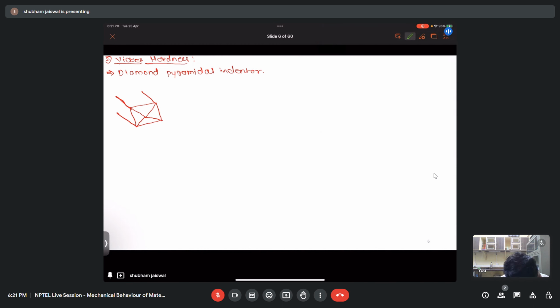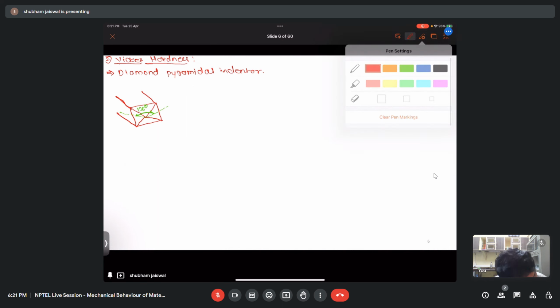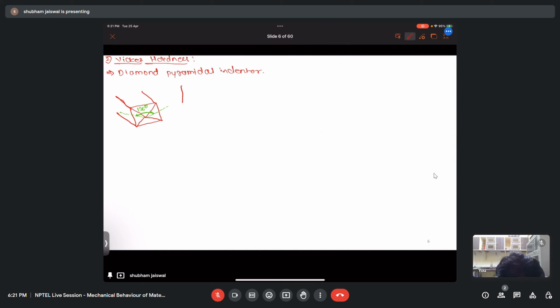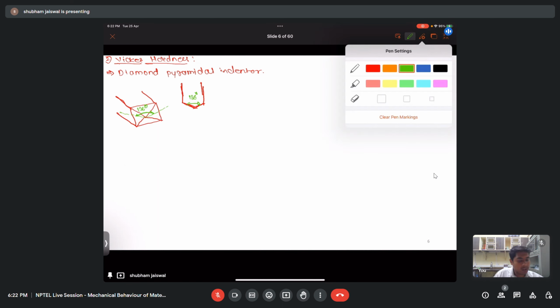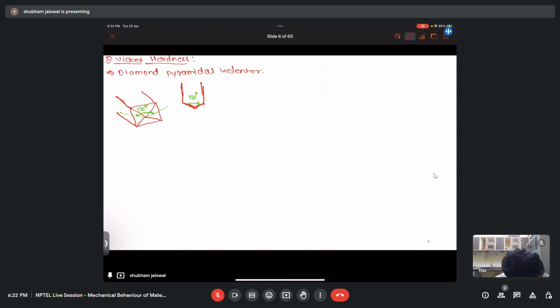Then the angle between this indenter is 136 degree. Okay, let me draw it in 2D as well. So this will be the indenter, and the angle between this one will be 136 degree. And if we indent it on the sample, we'll get an indent something like this.